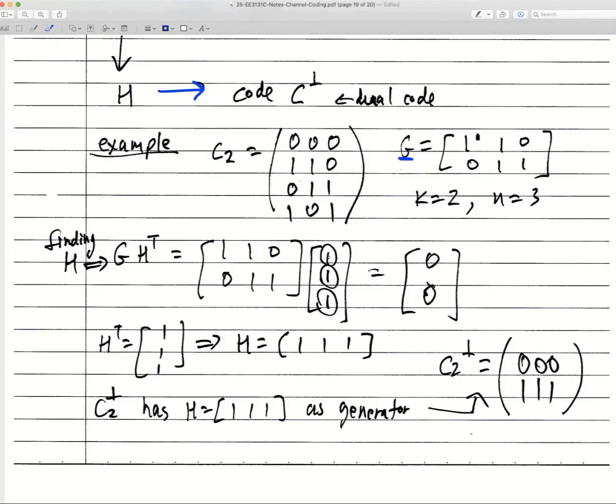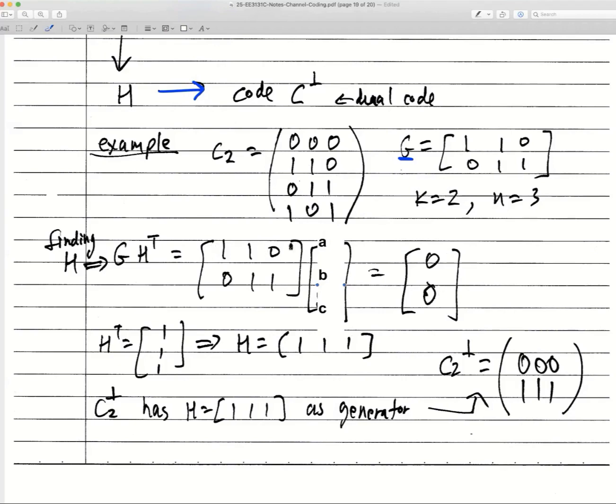Now, when I consider this generator matrix for this code, let's see what the parity check matrix is. The way I'm going to do it is write out my constraints. Here's G. Initially, assume that H is blank, so I have A, B, C. In this case, H is going to be of size 1 by 3, so H transpose is of size 3 by 1, which is why I drew it like this. I want to multiply G times H transpose and get 0, 0.